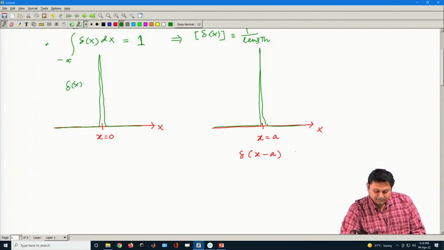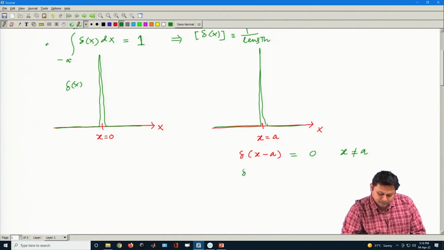This quantity should be 0 when x is not equal to a, and delta x minus a tends to infinity when x is equal to a.